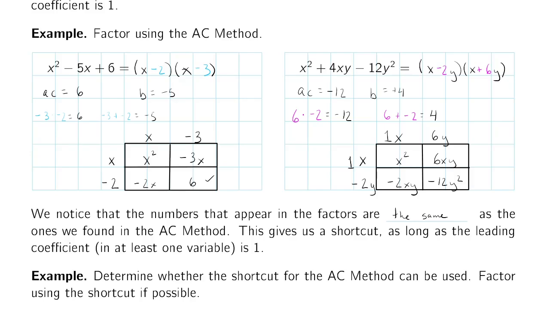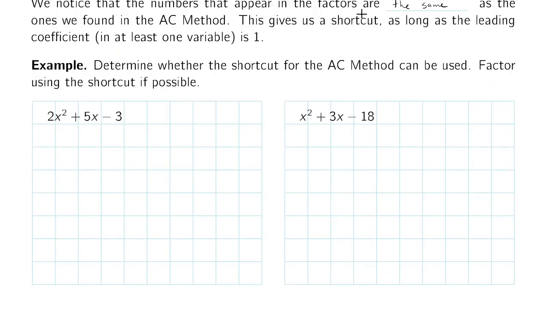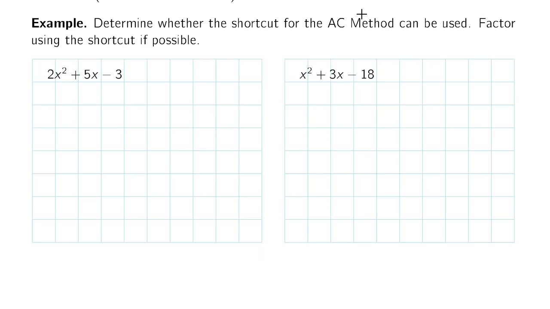So whenever we come across a quadratic trinomial that we want to factor, we should stop and ask, is the leading coefficient 1? If so, I can use this shortcut. In this example, we have 2x squared plus 5x minus 3. Of course, 2 is not 1, so we can't use the shortcut.